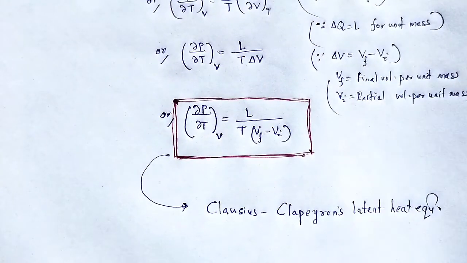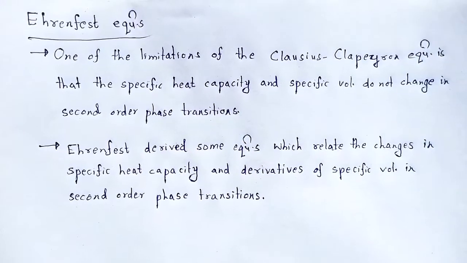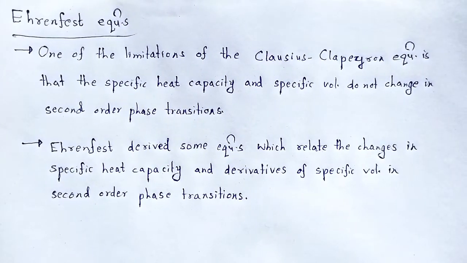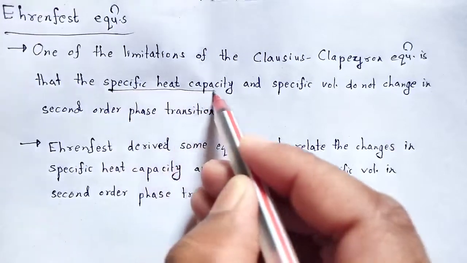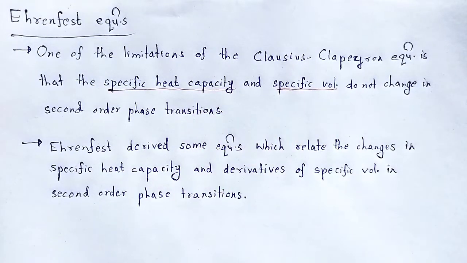We have to derive the Ehrenfest equation. How? It is necessary to introduce another equation, the Ehrenfest equation, due to some drawbacks in the Clausius-Clapeyron equation. One of the limitations of the Clausius-Clapeyron equation is that the specific heat capacity and specific volume do not change in the second order phase transitions.